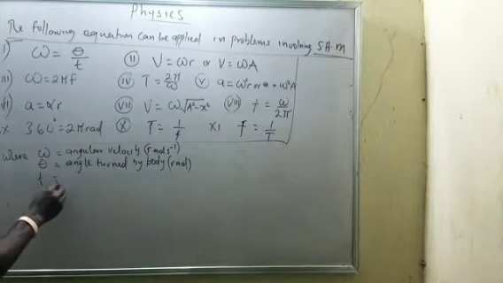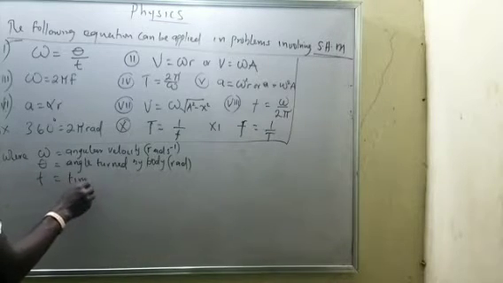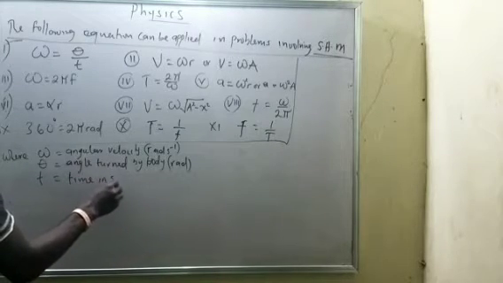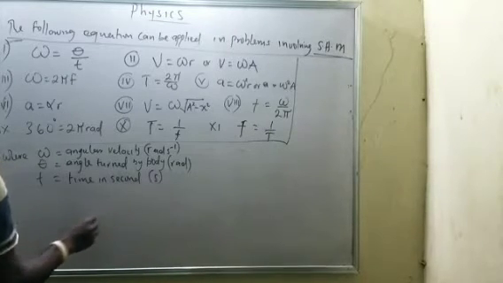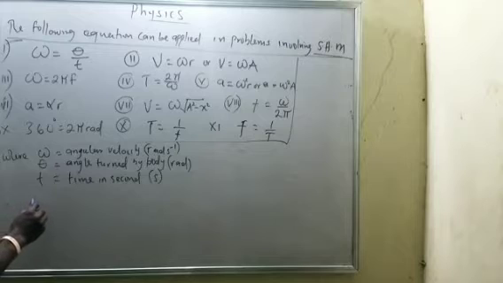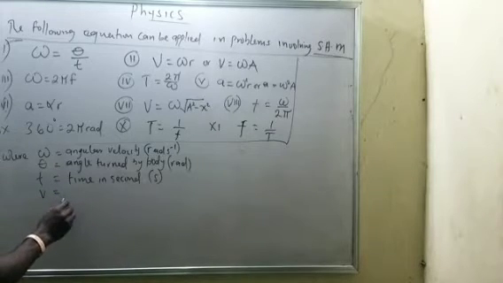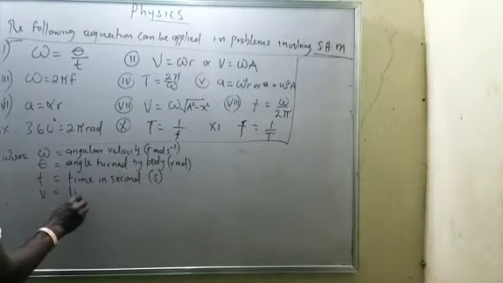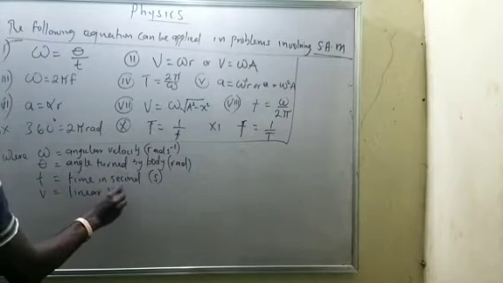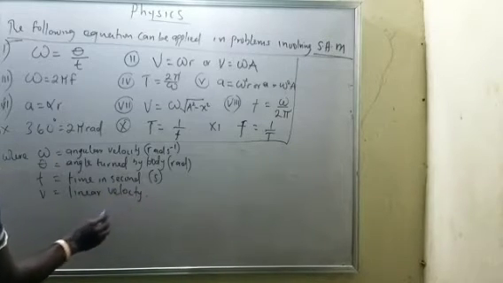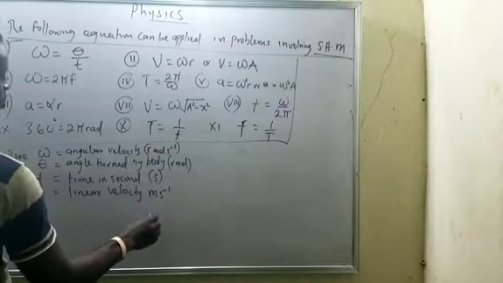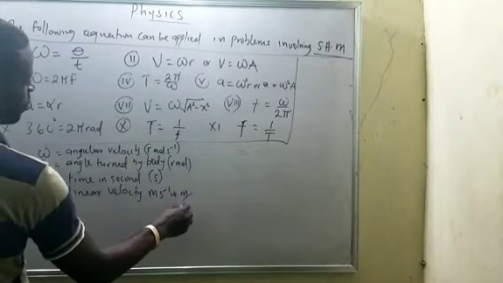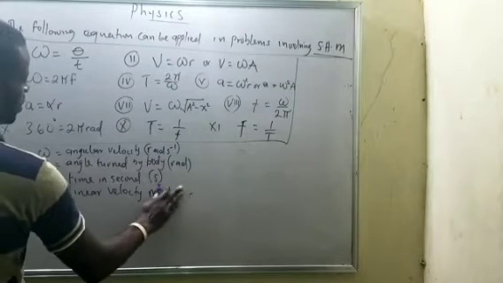My t, small letter t, is time in seconds, which we always put in seconds. And also my v, we all know v as linear velocity, which is always meter per second, or you call it meter all over seconds, anyhow you want to do it.